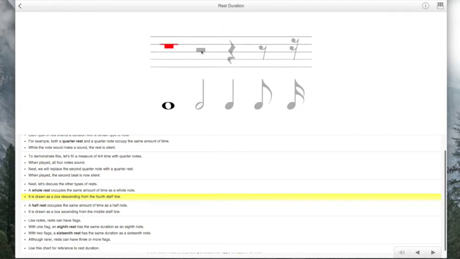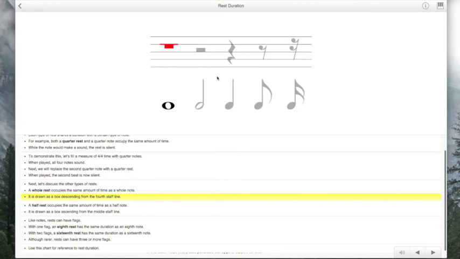The half rest is on the other side. Another very silly way of remembering this is, I shouldn't call it silly, it's an old student of mine that told me this, and I remember it, so I guess it works, is that she says, a gentleman will remove his hat when meeting somebody, and this can be an example of somebody taking their hat off because it's upside down, and that's a whole gentleman when they remove their hat.